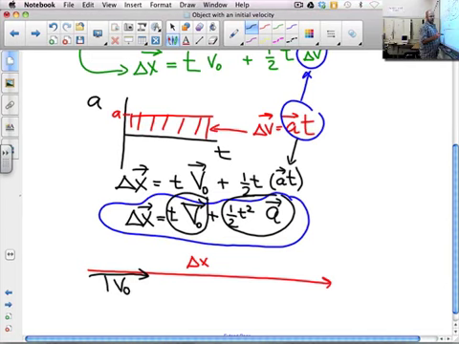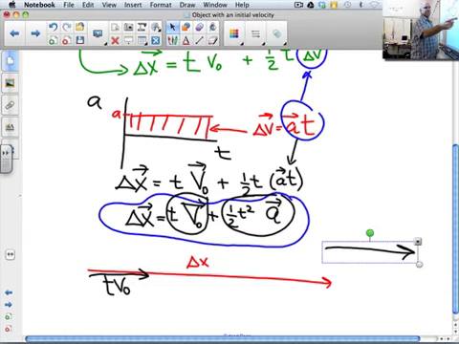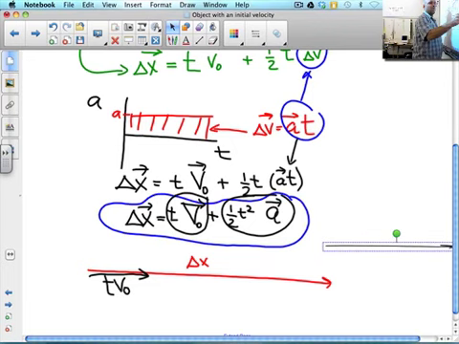But it's scaled, it's changed size by t. And then this vector adds to my acceleration vector. My acceleration vector was in that direction as well. But my acceleration vector is made bigger or smaller according to whatever 1/2 t squared is.